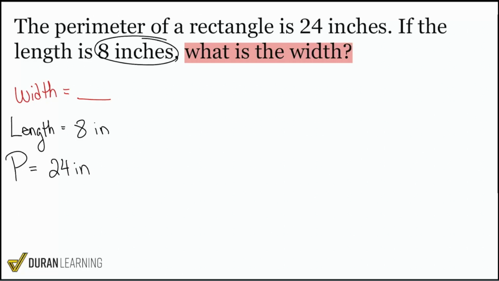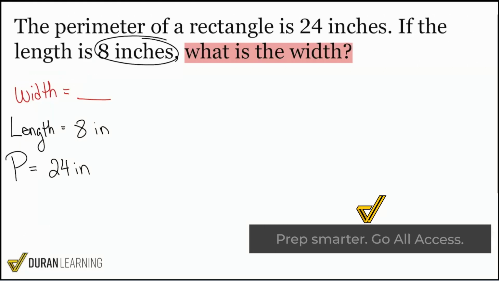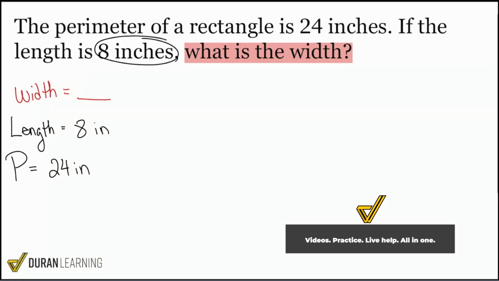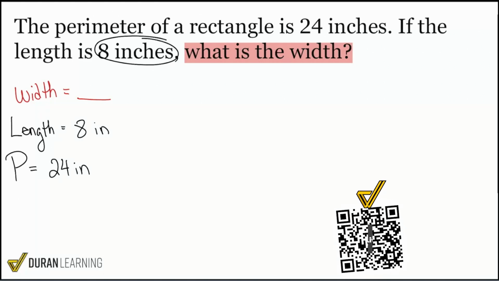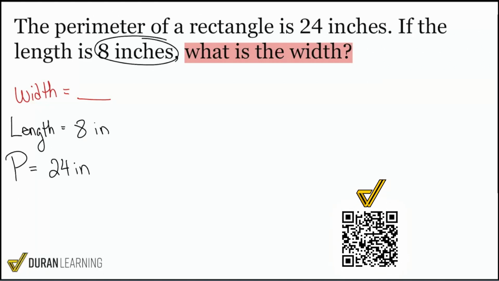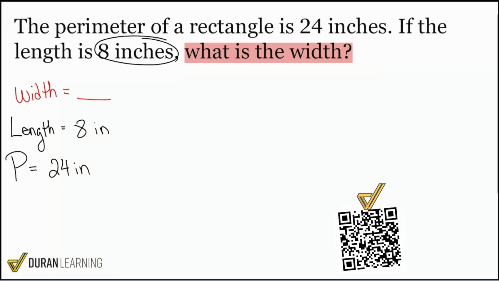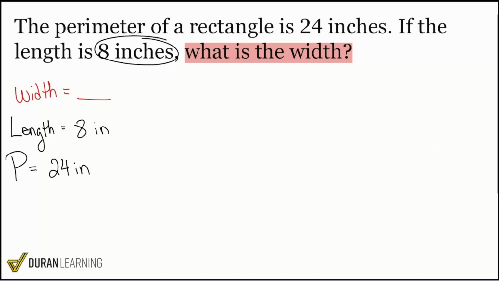Everyone, is there a formula that can connect the perimeter and the length to the missing width? Is there a formula we can use for this? And if so, write out that formula. Give it to me. What is that formula going to be? And notice when I say write the formula down, I mean everybody write that formula. It's always those of you who take the time to write things out the right way that gain the most from these classes.